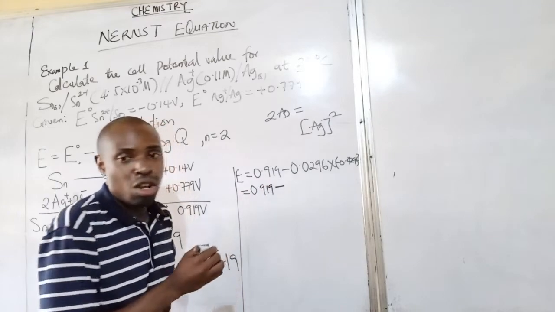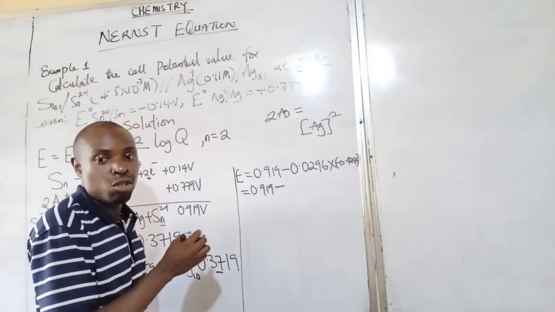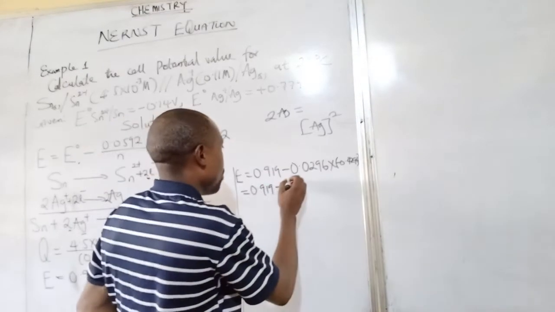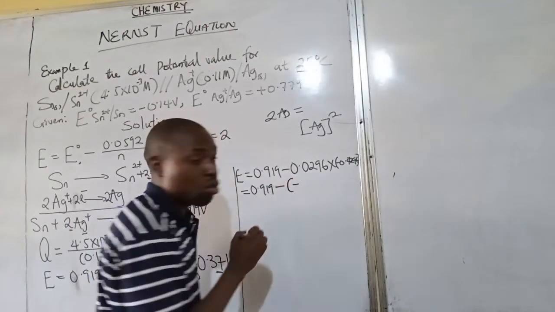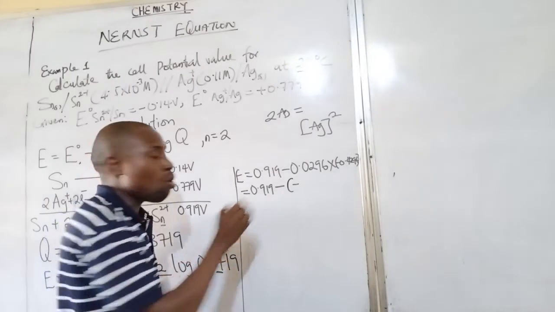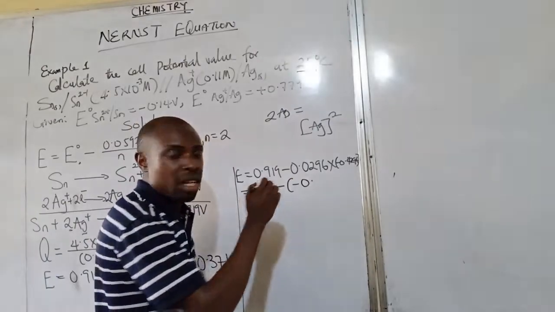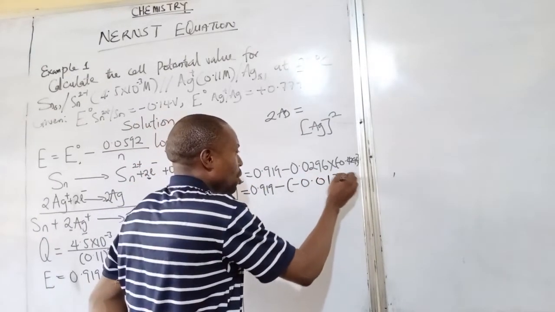So here now becomes 0.919 minus, when you do the multiplication, minus 0.0127.